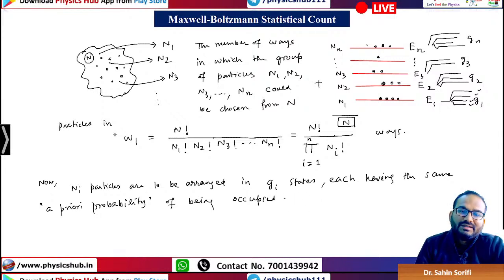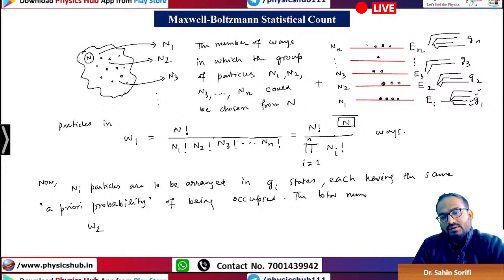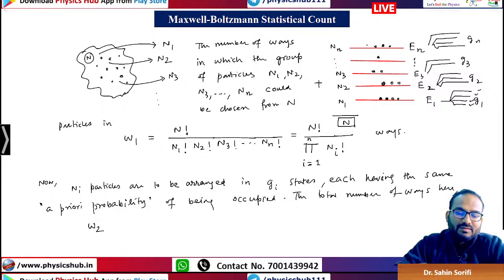We denote that number of ways as W2. This is the total number of ways here, so it will be W2.